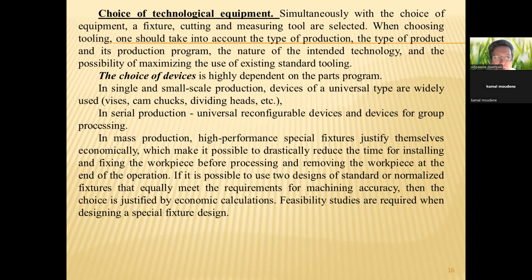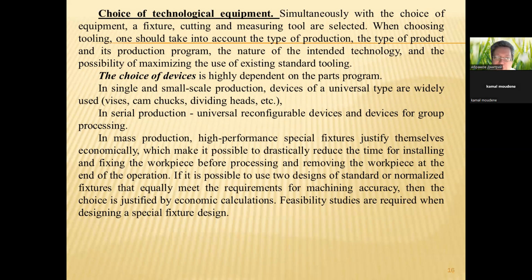When choosing tooling, one should take into account the type of production, the type of product and its production program, the nature of the intended technology, and the possibility of maximizing the use of existing standard tooling.